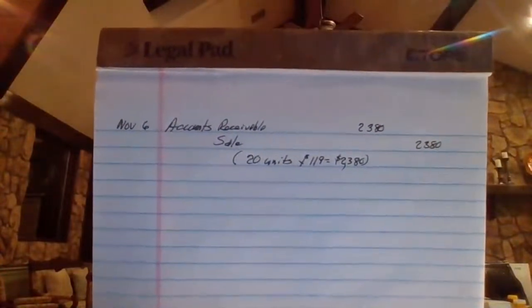And that is 20 putters at $119 a piece. 20 units times $119 selling price equals $2,380. That's to record the sale.